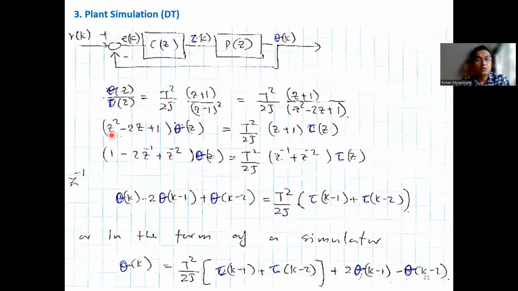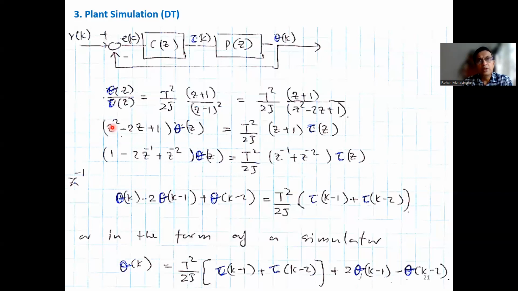After that, you multiply the whole thing, left and right-hand sides, with Z to the minus 2, to make the powers of Z negative. You can write transfer functions with Z to the positive powers or Z to the negative powers.